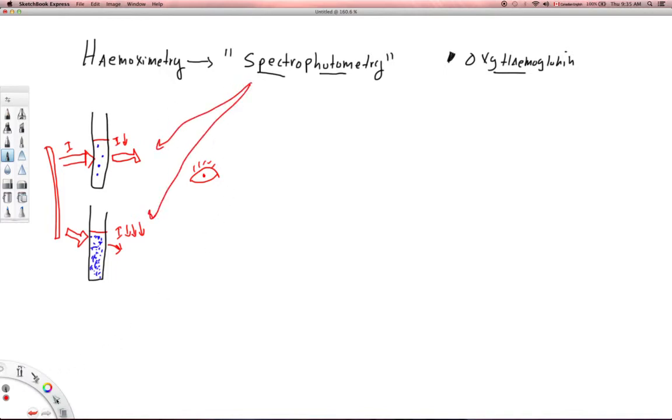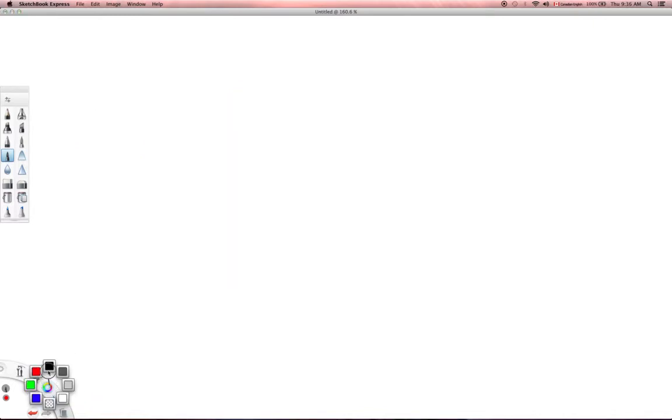All right? So let me just define a couple of terms now so we're good to go. There are some terms that come out of spectrophotometry, and the first term is something known as transmittance. Transmittance is actually a ratio. If I have my sample here, I have light coming in, and then light coming out, and the width of the arrow is the intensity.